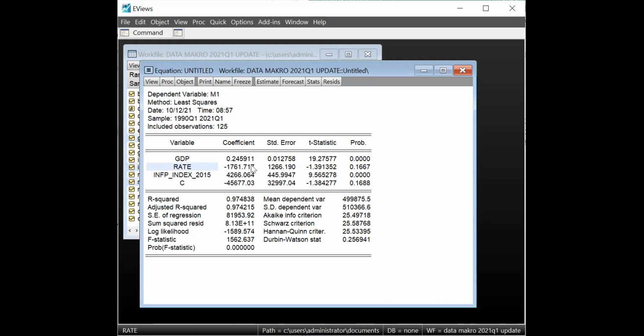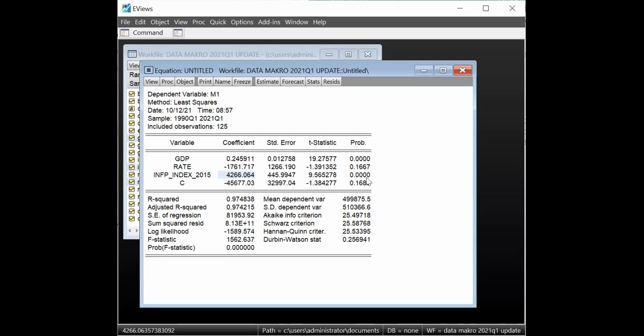This means the demand for money is not so sensitive to interest rate, but the sign is still negative, though not significant statistically. Inflation is positive. This means if price increases, the demand for money also increases.